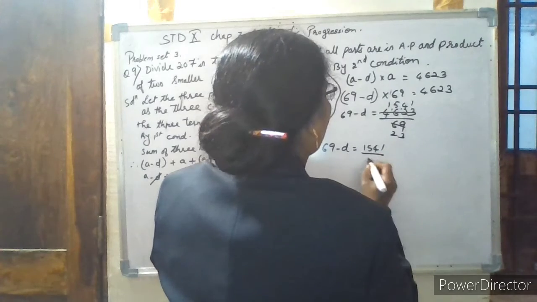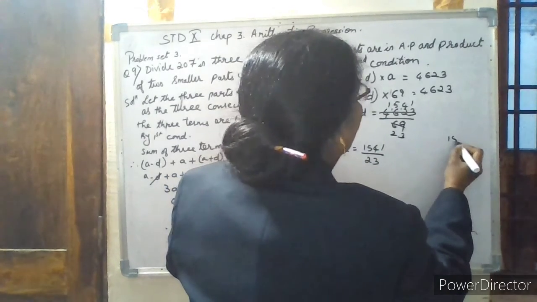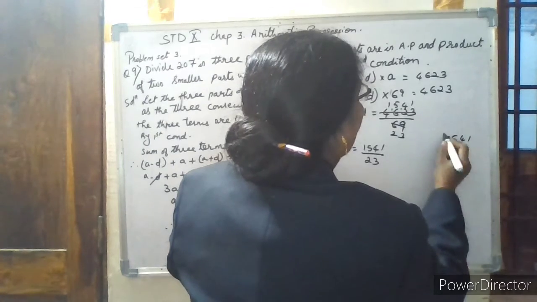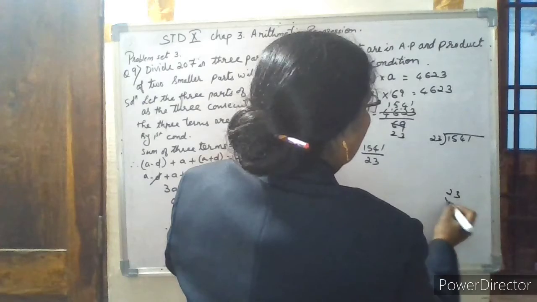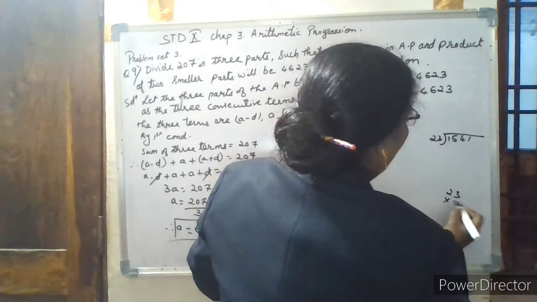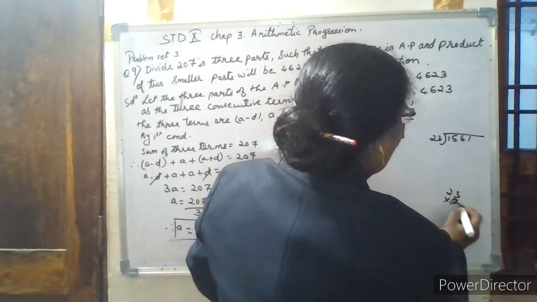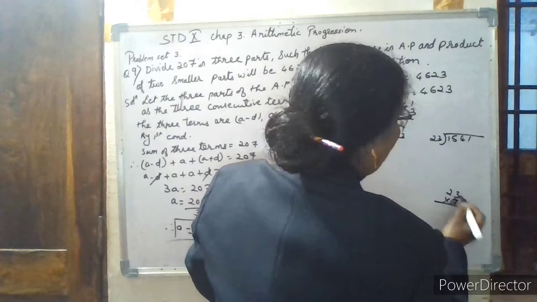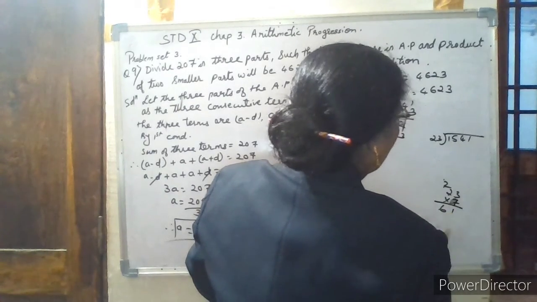1541 by 23. So if I divide this 1541 by 23, see 23 into 7, if I take 7 3s are 21, carry 2, 7 2s are 14, it is 16. So it is 161.